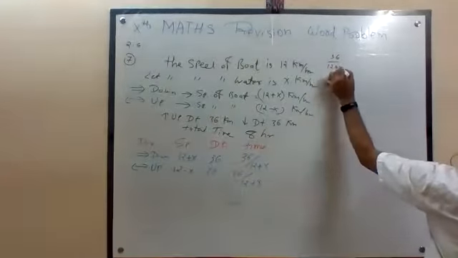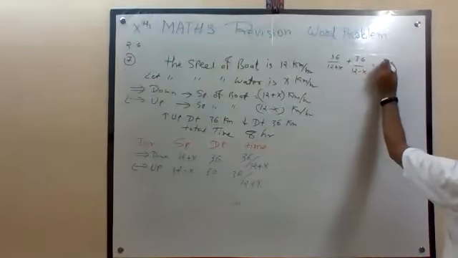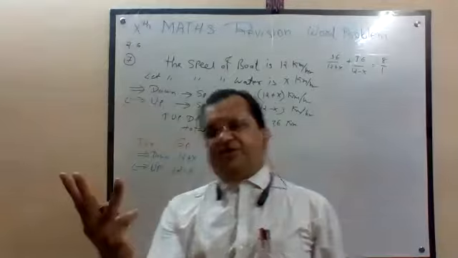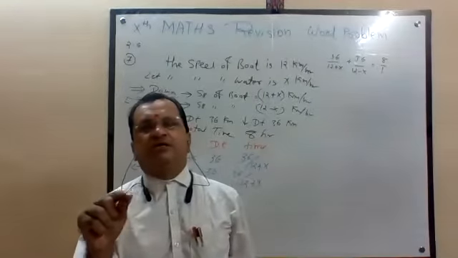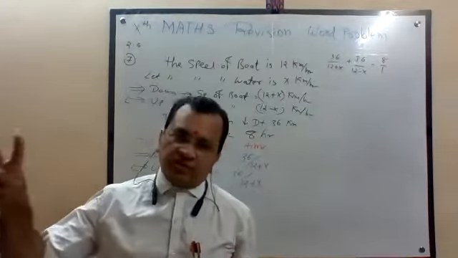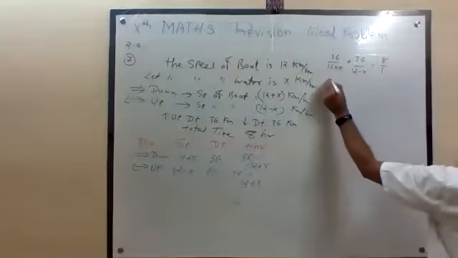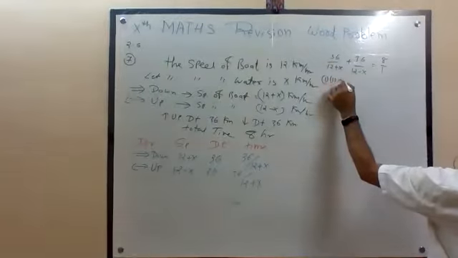36 by 12 plus x plus 36 by 12 minus x equals 8. When there are two different denominators, under each one, the product of the rest is the LCM. For this, the product of the rest is 12 minus x.